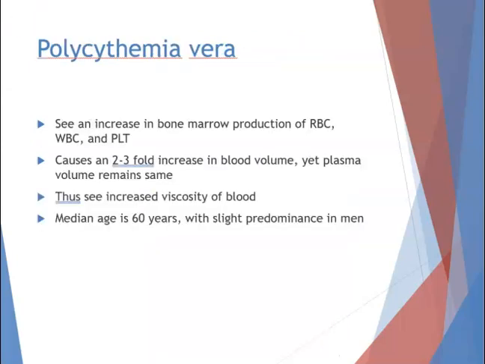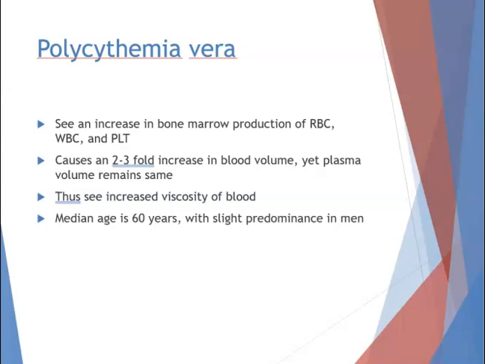In polycythemia vera, again, we're going to have an increased production by our bone marrow of all our cell lines, and we're going to have an increase to the point of a 2 to 3-fold increase in blood volume, yet the plasma volume remains the same. So the cells increase, but the plasma remains the same.